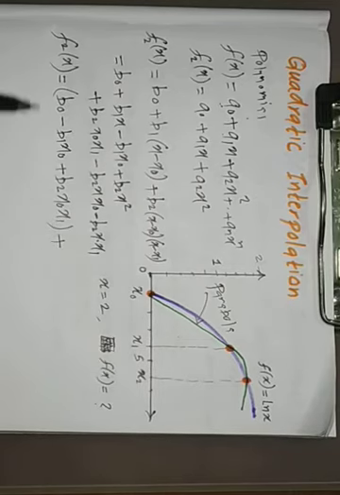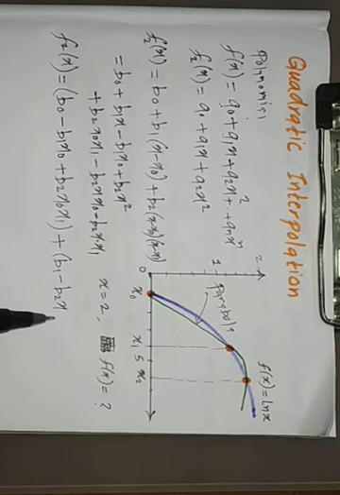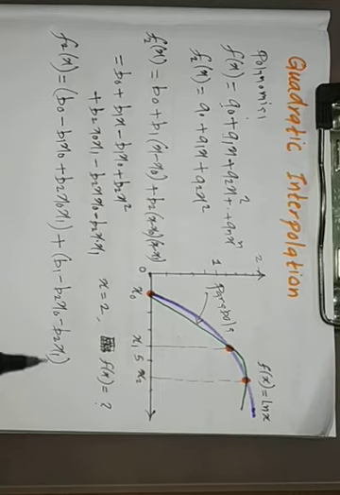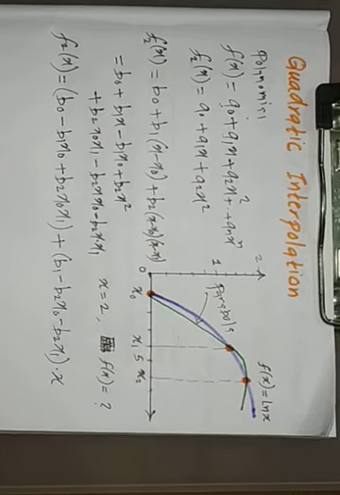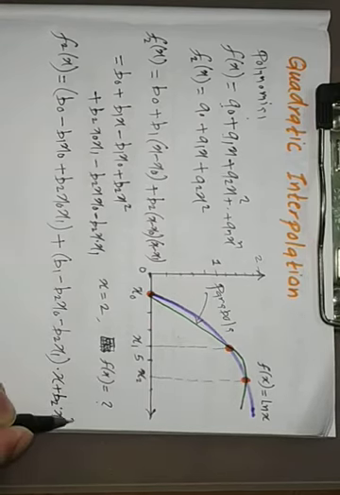plus, now these are all constant terms. Next b1 minus b2x0 minus b2x1 into x plus b2 into x square.